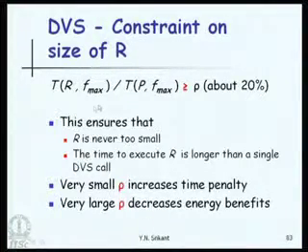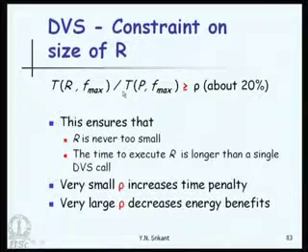In order to make sure that this overhead is not very high, we make the region of a reasonable size. If the region is very large, then the energy benefits are going to be very low. So, we have to make the region of reasonable size somewhere in between.